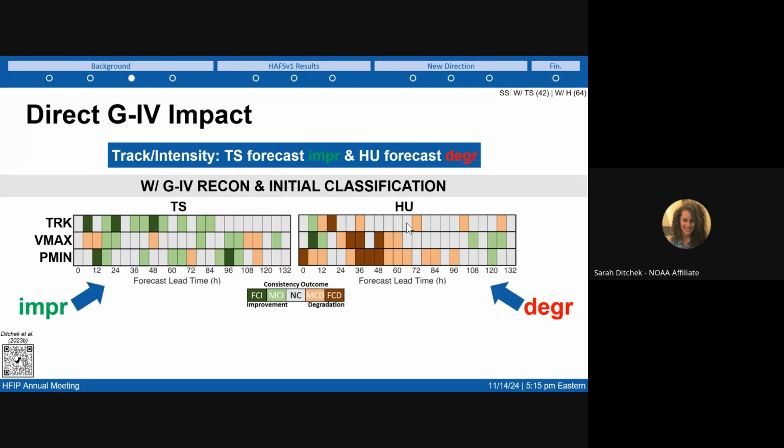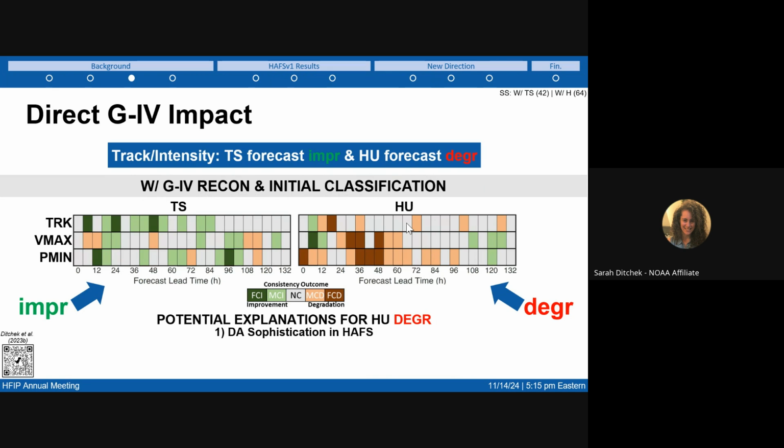So in general, what we see is that G4 Recon improves tropical storm forecasts, particularly for track, but for hurricanes, directly sampling with the G4 wasn't found to be beneficial, particularly for intensity. After digging into these results a bit further, we came up with two potential explanations. The first relates to the DA sophistication in models.